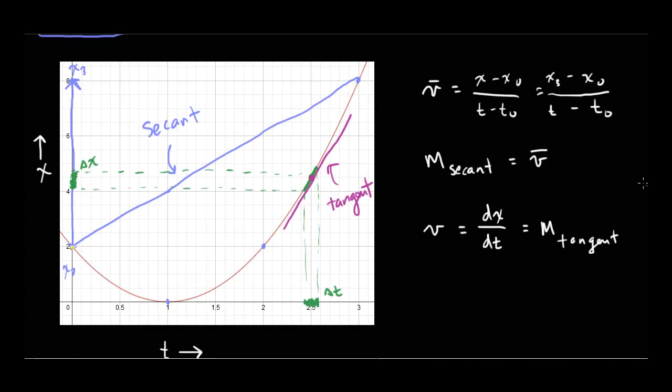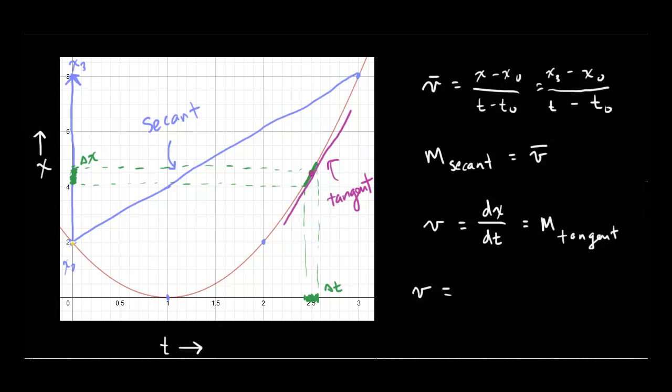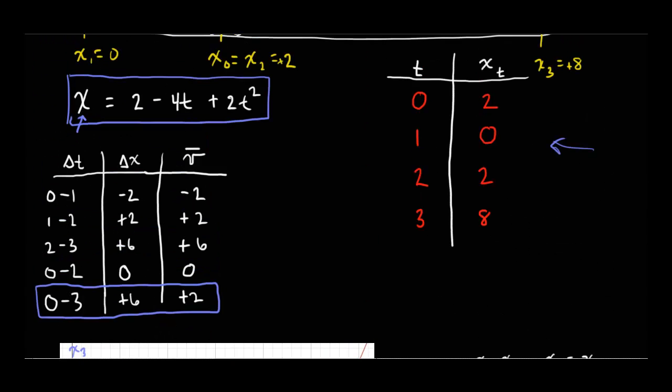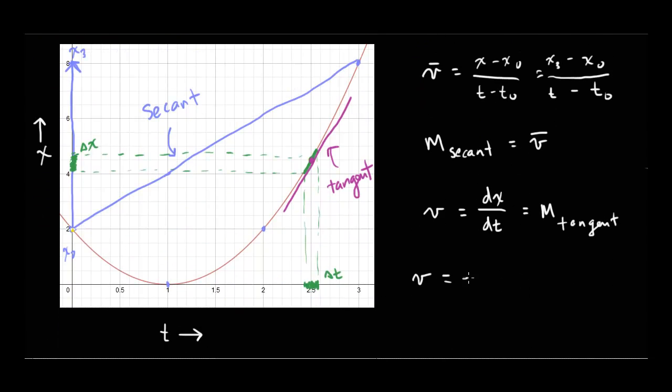So if we wanted to give the velocity as a function of time, we could say that the instantaneous velocity at any time is the derivative of this thing, which is going to be -4 plus 4t. So -4 plus 4t. And this is now an expression that will allow us to find the velocity at any instant t. So you can plug in any value of t here, and it's going to allow you to figure out the velocity at that instant. So, for instance, I picked a point that was at 2.5 seconds.